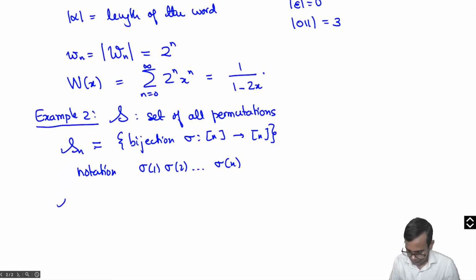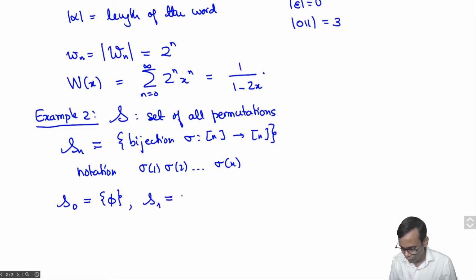So for example, S0 is just going to be permutations of the empty set. And so you can think of the empty permutation as the only element of S0. S1 is all bijections from the set with one element, namely 1, to itself. So that's just the singleton 1.